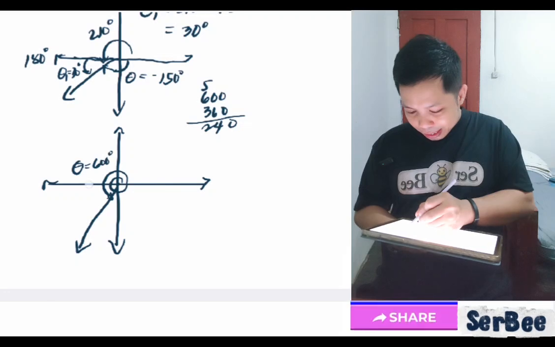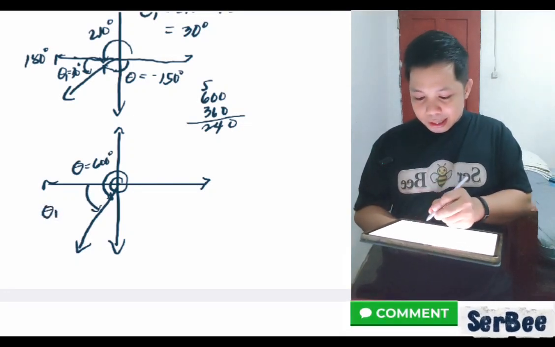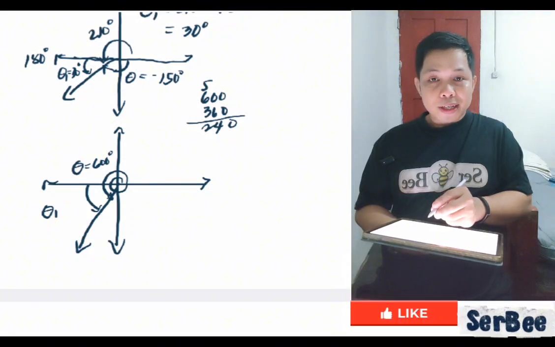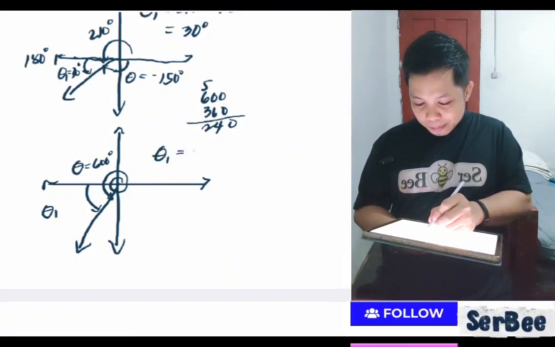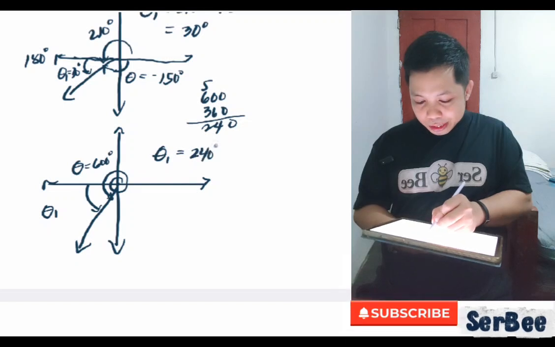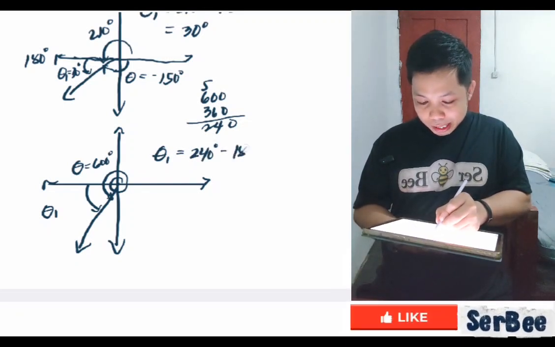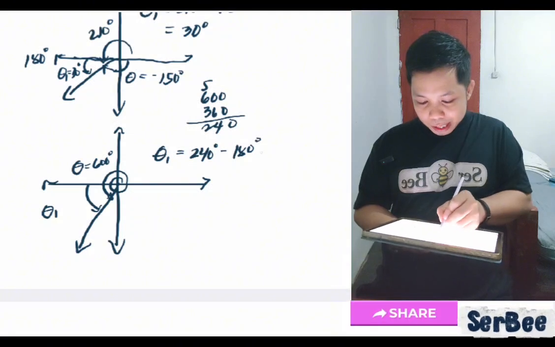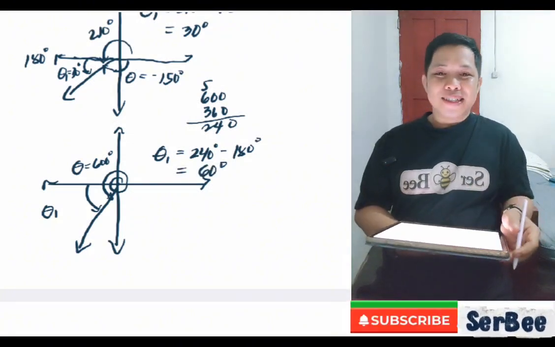So, ito yung reference angle niya. So, to get the reference angle, since that is on the third quadrant, so the formula is the angle, which is 240, minus 180 degrees. And that is equal to 60 degrees. Okay?